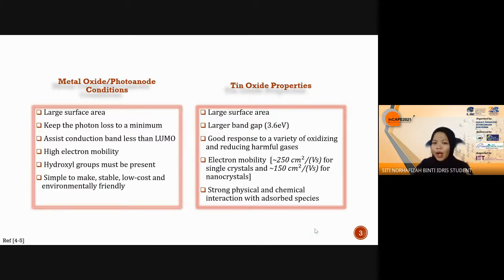So, why did I choose tin oxide? This is because tin oxide properties almost fulfill the conditions as photoanode.